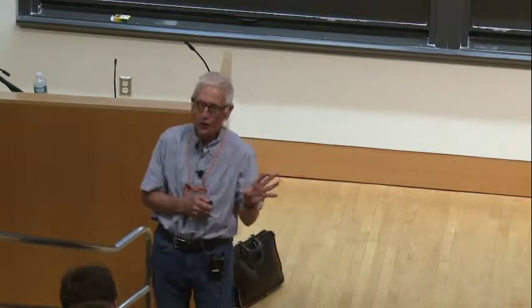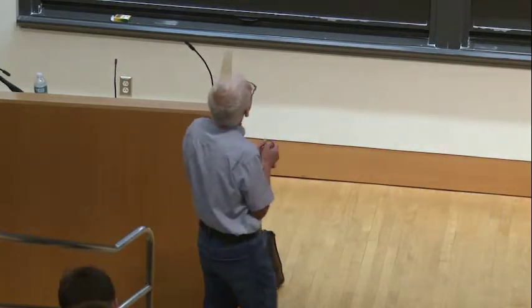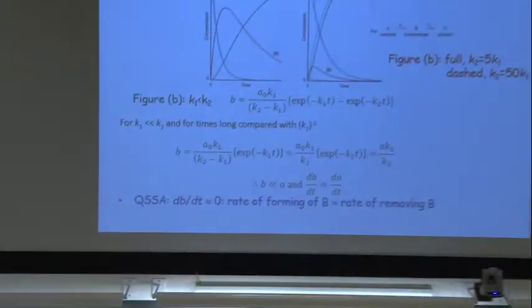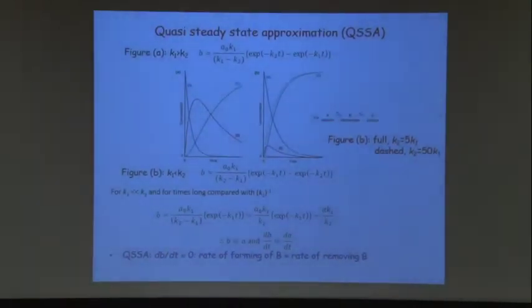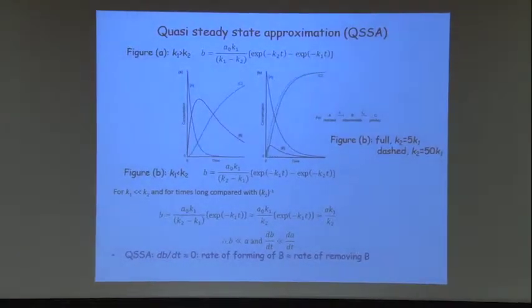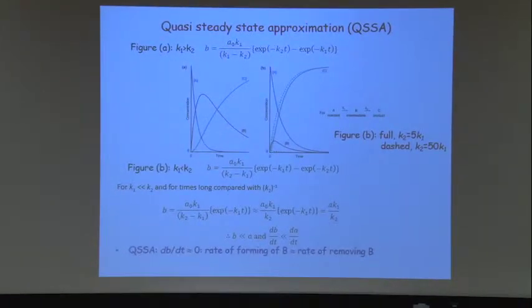So let's have a look at the behavior of this system. First of all, let's have k1 very much greater than k2. So that means that A produces B, and then B reacts quite slowly to form C. And we've got the solutions of a and of b. A decays exponentially always.